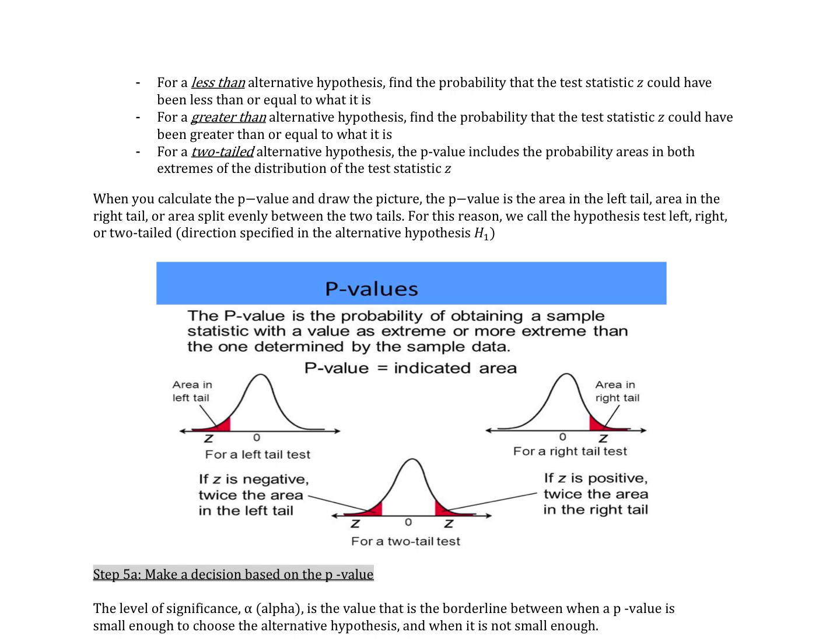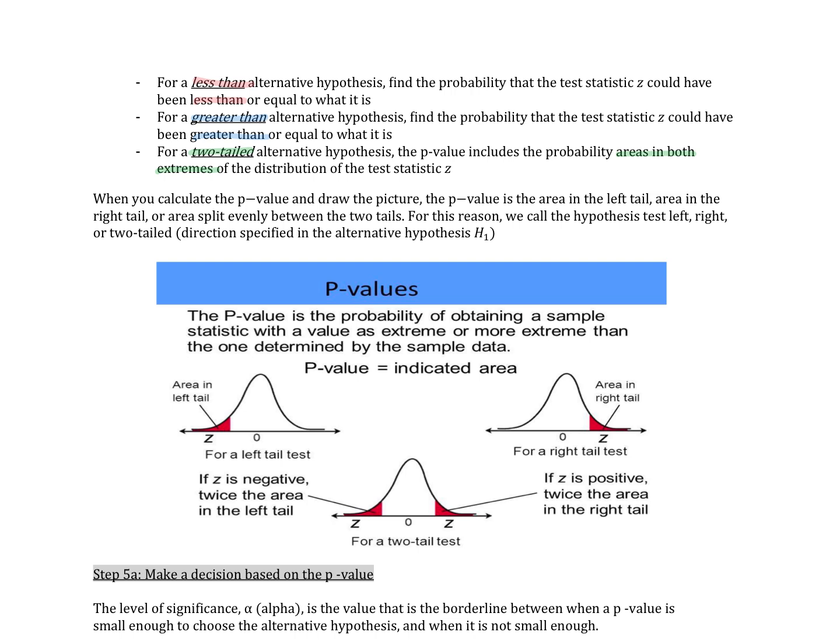That should make sense. Less than, less than. For greater than, find the probability the test statistic could have been greater than or equal to. For two-tailed, you find the probability the areas are in both extremes. And again, I think this makes more sense once we start doing examples, okay?